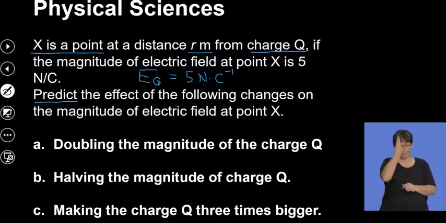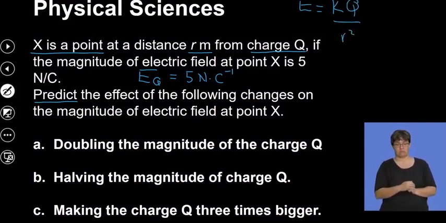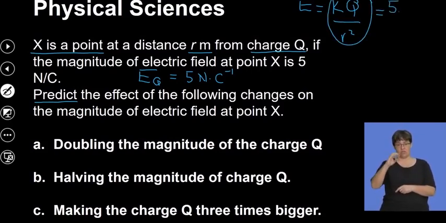So, if we double the magnitude of Q, we have E equals KQ over R squared, right? Nothing was said of the distance, so we'll keep the distance the same. We know that this E is equal to 5 newtons per coulomb in terms of magnitude.